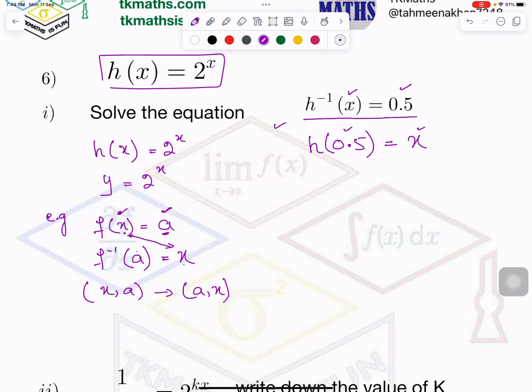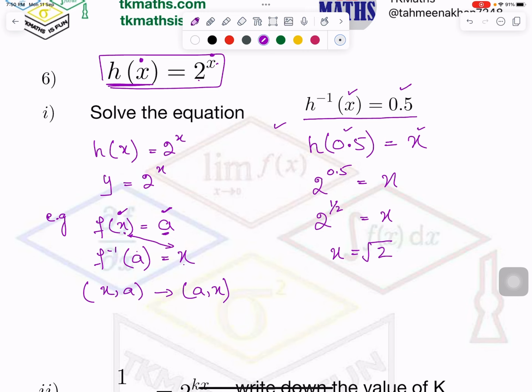Okay, so I can write here 2 power 0.5. Why am I doing this? Because h of x is equal to 2 power x. So now when this is 0.5, this will become 0.5. Okay, so now 0.5 is what? Half, and half means it is root 2. So this is how easily you can find out the value.